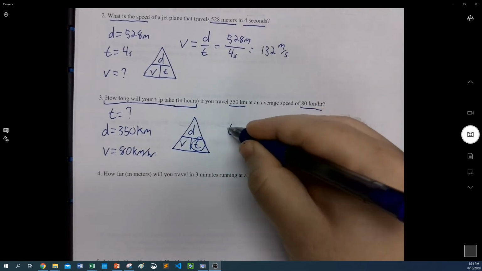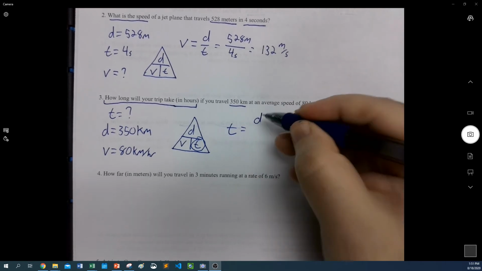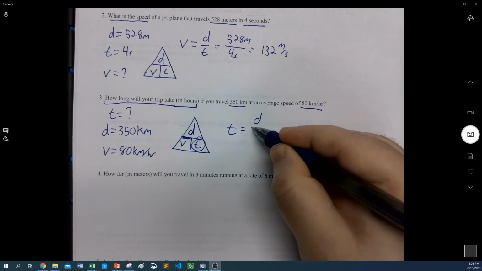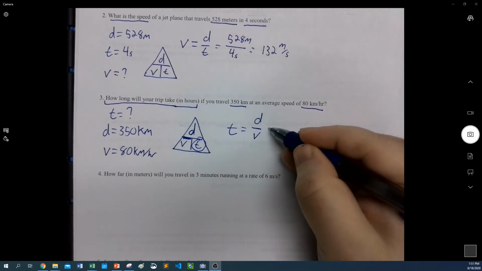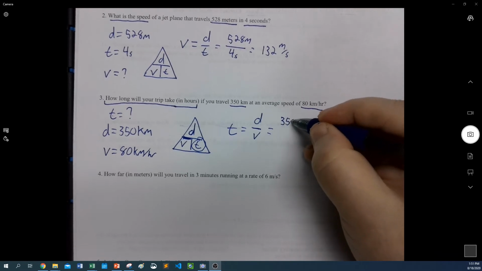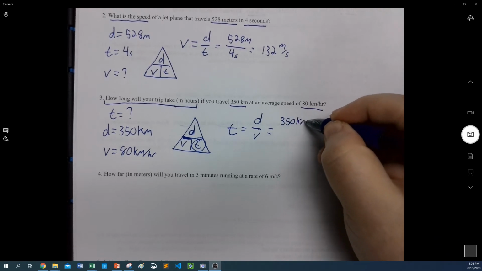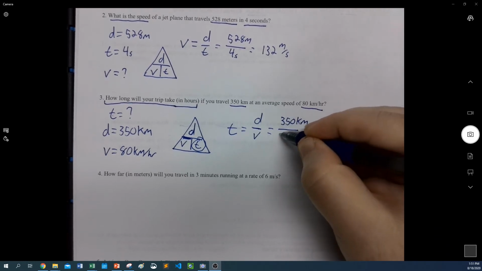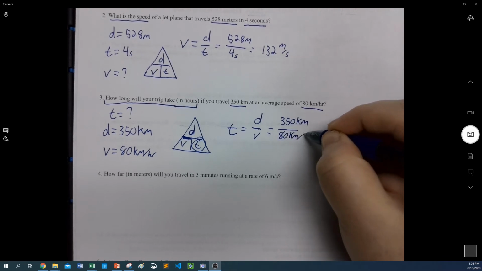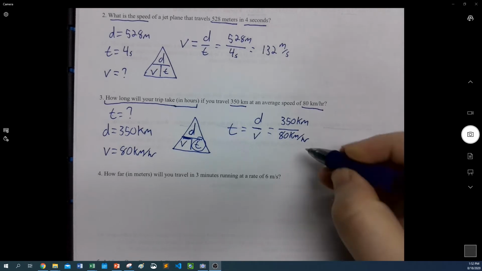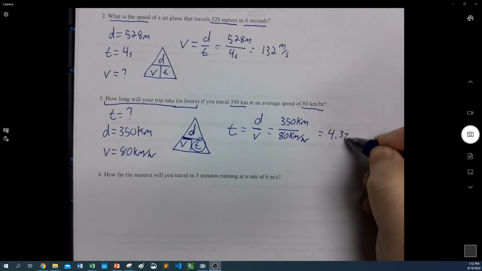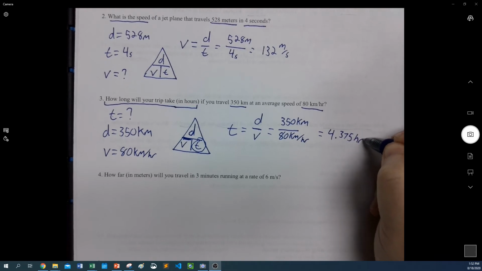So time is equal to d divided by velocity. Plug in our numbers: 350 kilometers per 80 kilometers per hour. When you put that in a calculator, 4.375 hours.